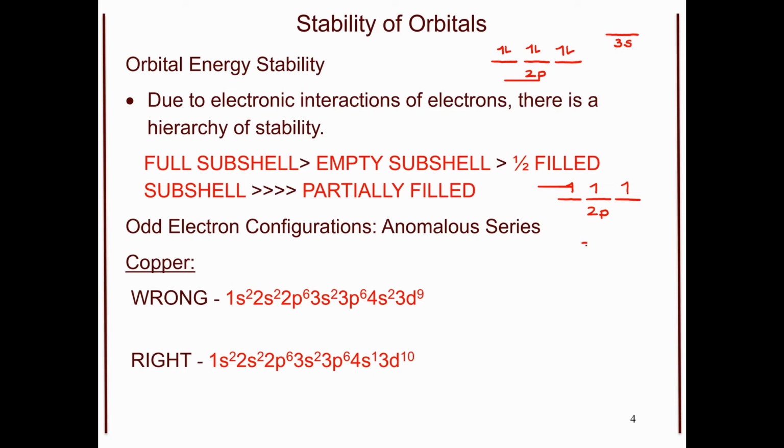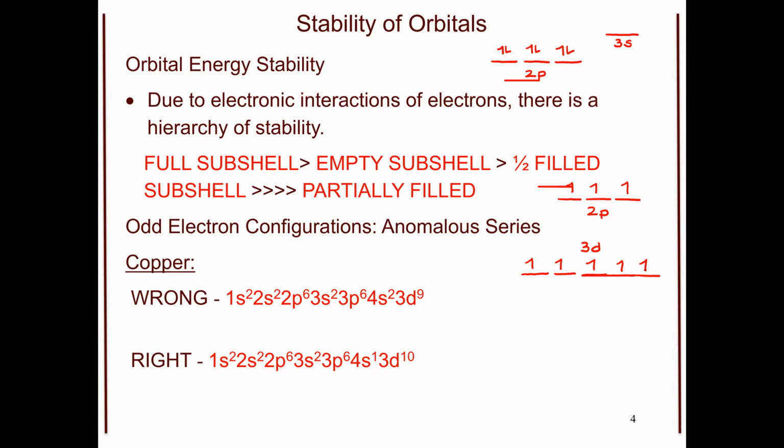If I look at the 3d, we know that there are 5 orbitals in that case, and now I would have 1, 2, 3, 4, and 5 electrons in that subshell. So we have full, we have empty, and half-filled are fairly stable and can be predicted in many cases.